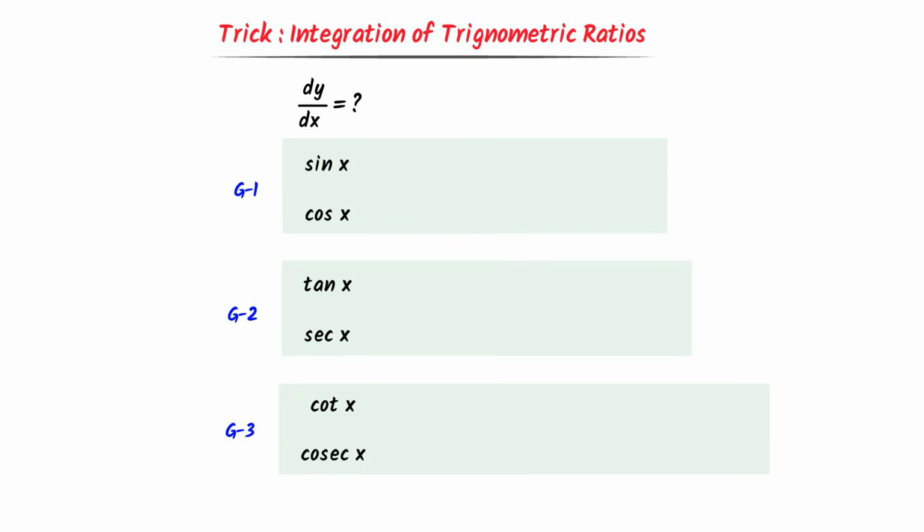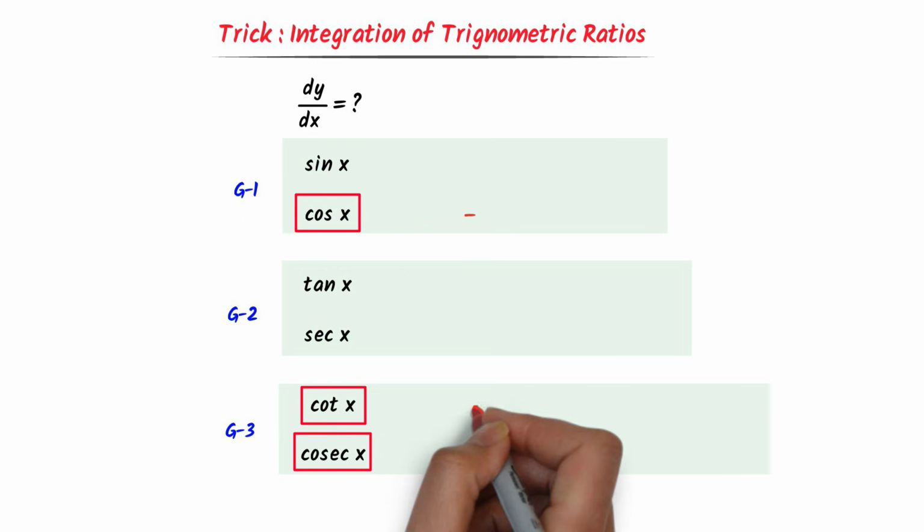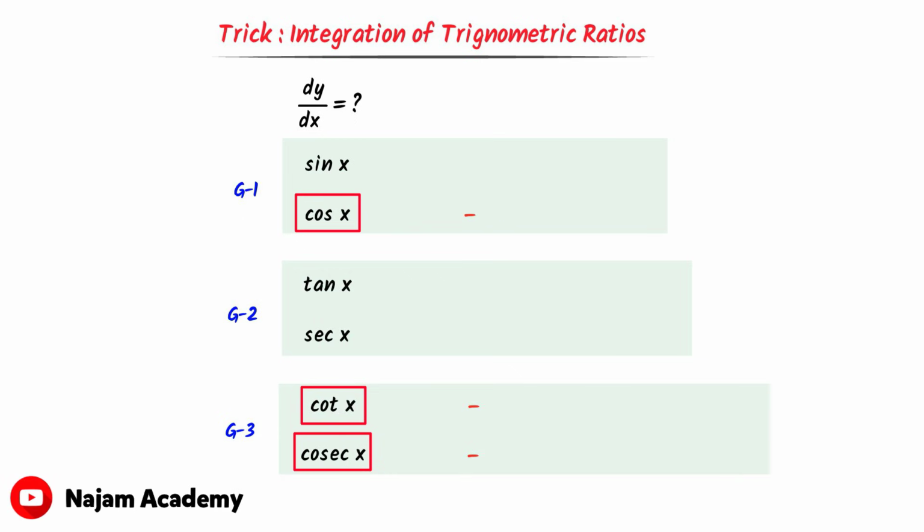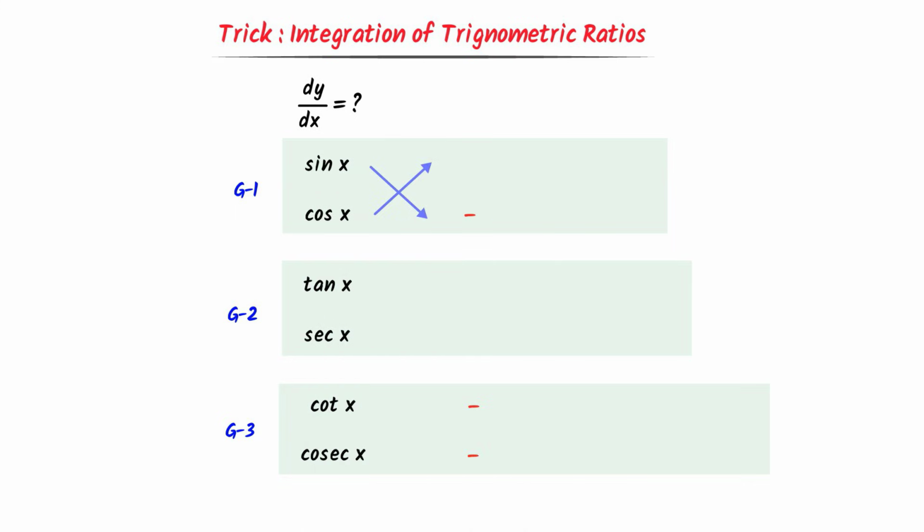Firstly, I put minus sign with all those trigonometric ratios that start with c, like cos x, cot x and cosecant x. In the first group, I draw these cross lines. Here, the derivative of sin x is cos x and that of cos x is minus sin x. In the second group, I draw these cross lines. I write secant x 2 times because double arrows originate from it.